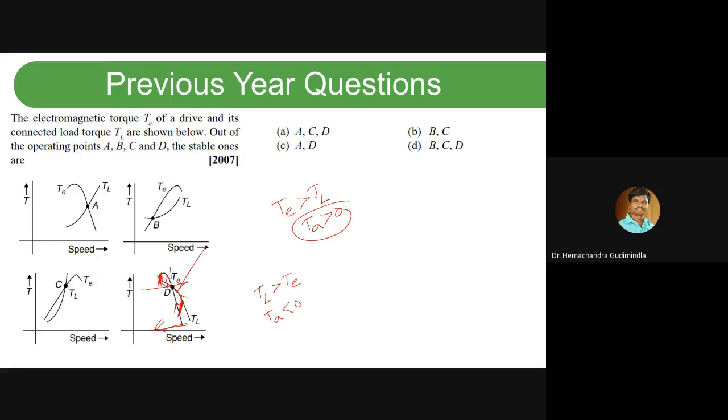If we create a disturbance, it will reach the equilibrium point, the operating point. Now A, C, D are stable except B. B is unstable. Now we will see the next problem.